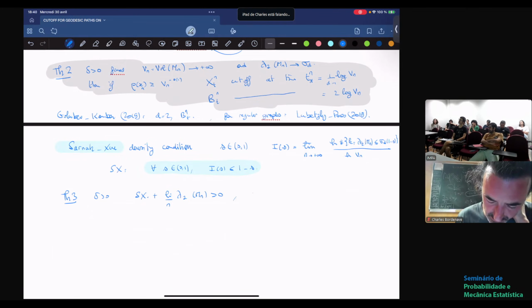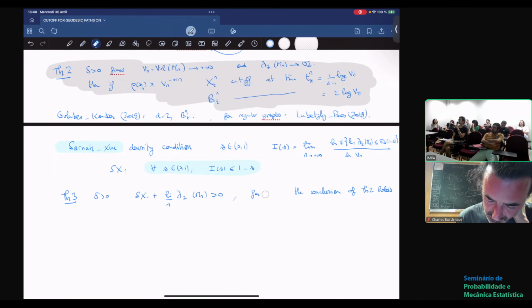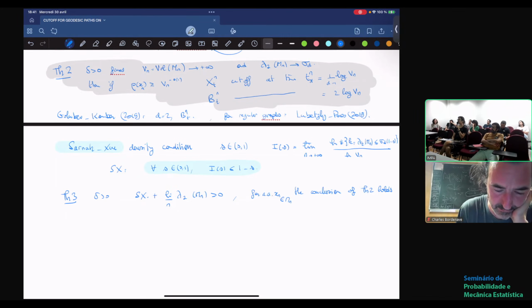Then for almost all points, the conclusion of theorem 2 holds. It's not a very precise way to state it.